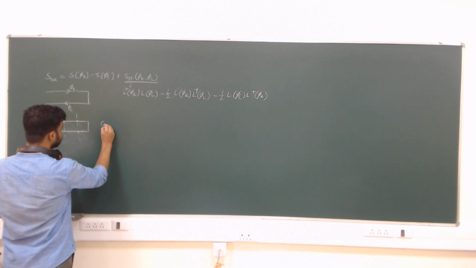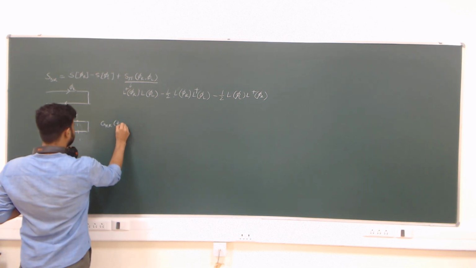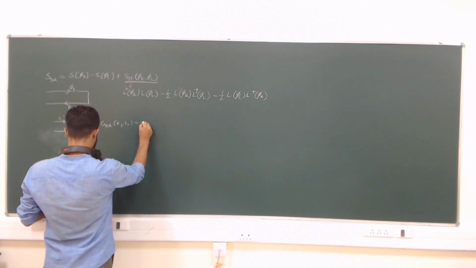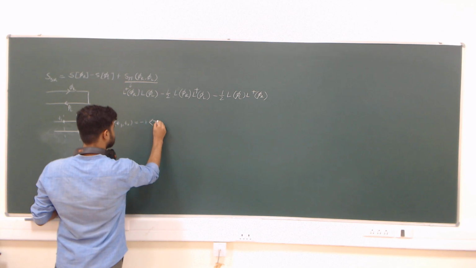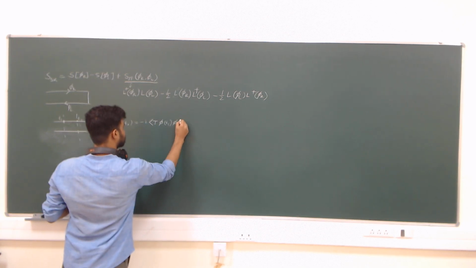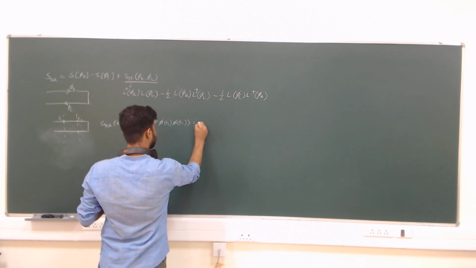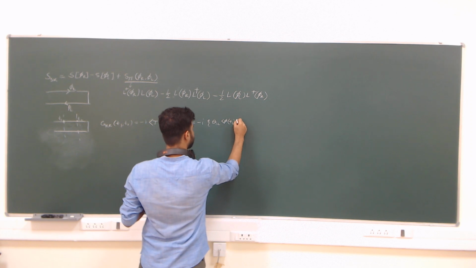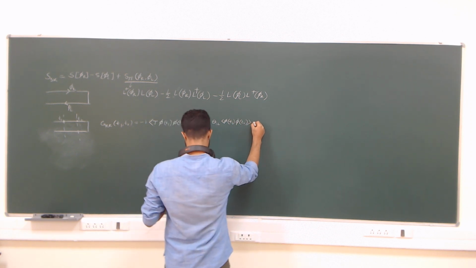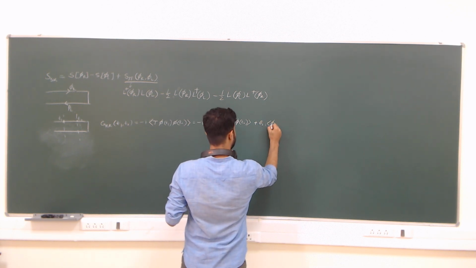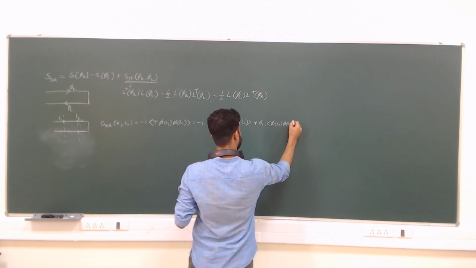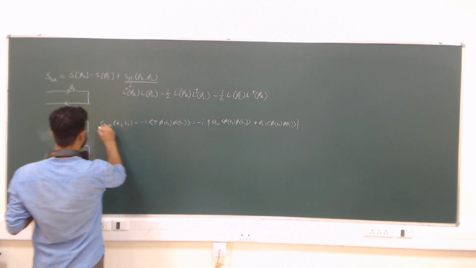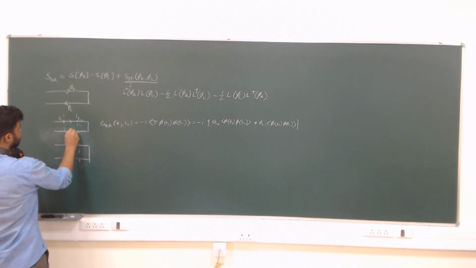Let me write this as G_RR. Then this is time ordered, because this is in the upper branch, that is forward evolution.